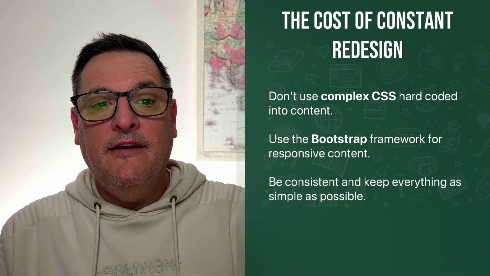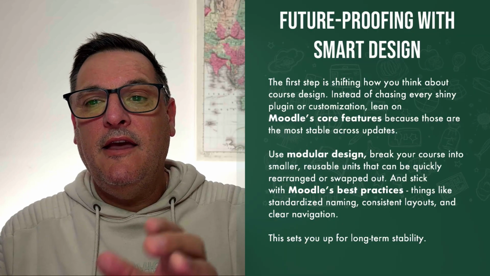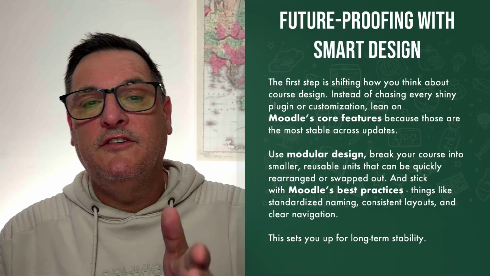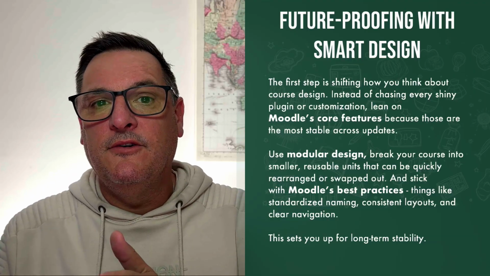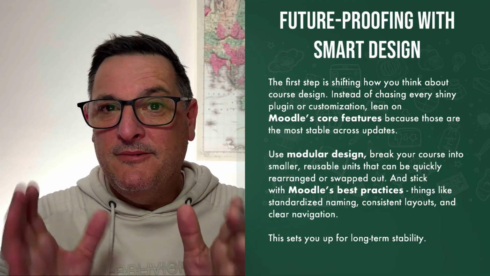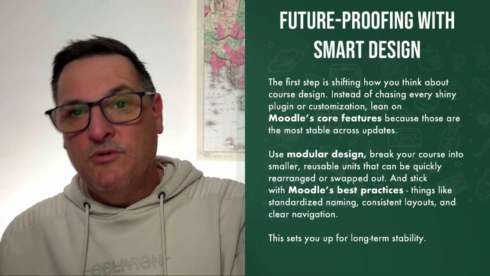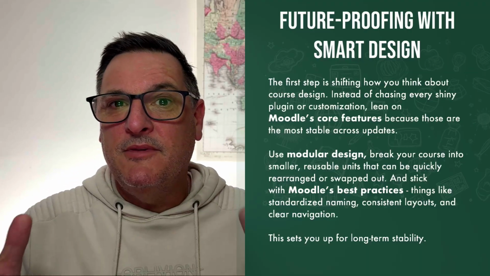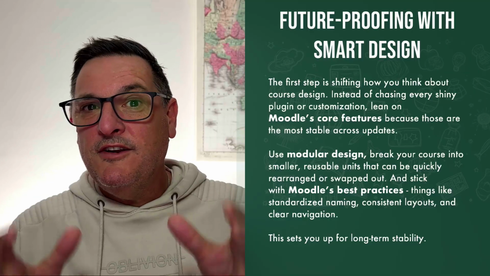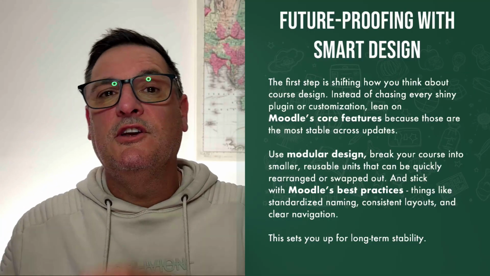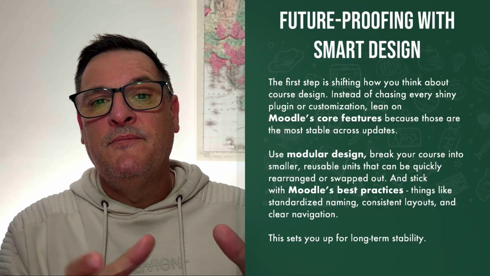Now, next, how you think about modular design will make things easier as well. So being really smart with using the same design across multiple courses and being consistent with that means that if there is a problem, you find it out in one course, you can go and change that in all of the other courses.